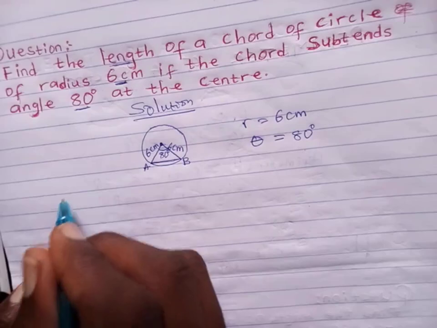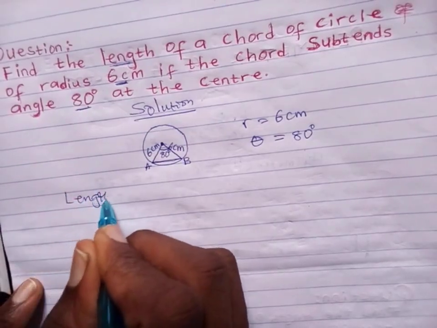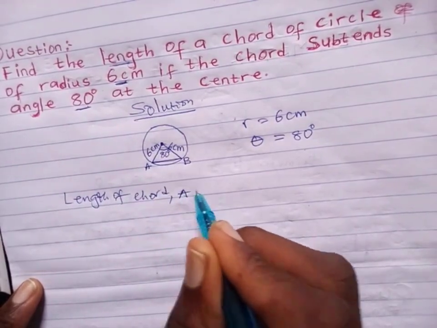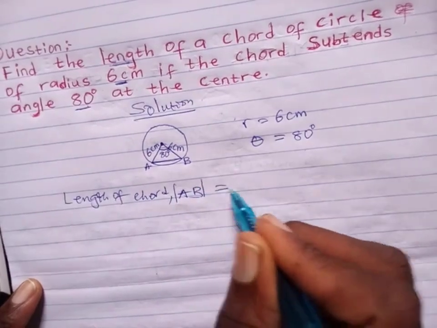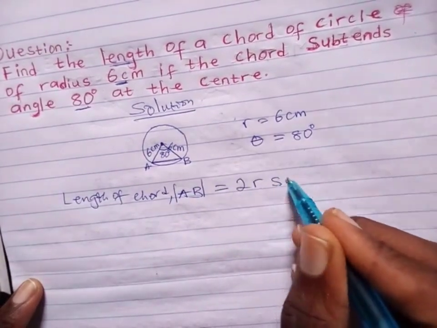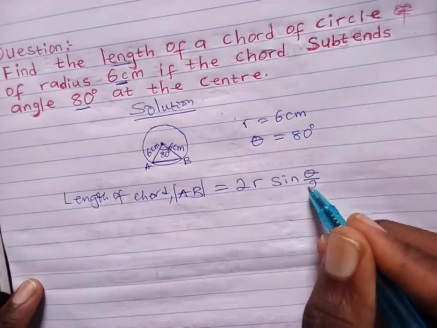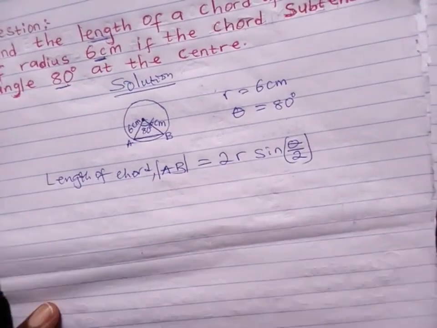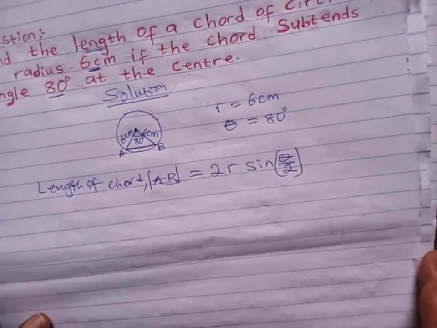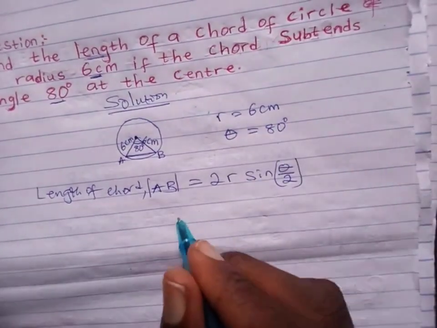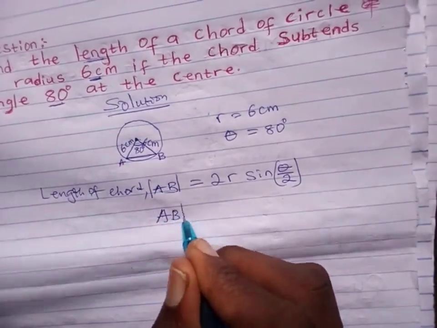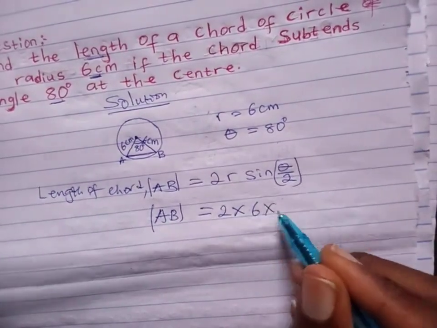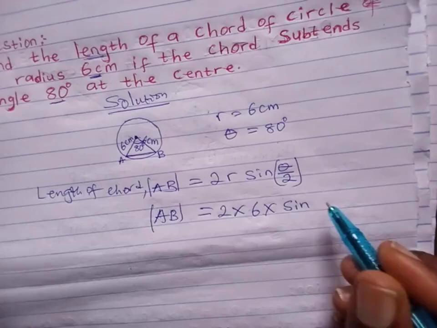So the length of the chord, the chord is line AB in this case, is equal to 2R sine theta over 2. We derived this formula earlier. So let's now apply it. Of course, we know our R. The radius is given to us to be 6 cm. So it follows that AB, the length of the chord, is 2 times R, which is 6, times sine of the given angle.